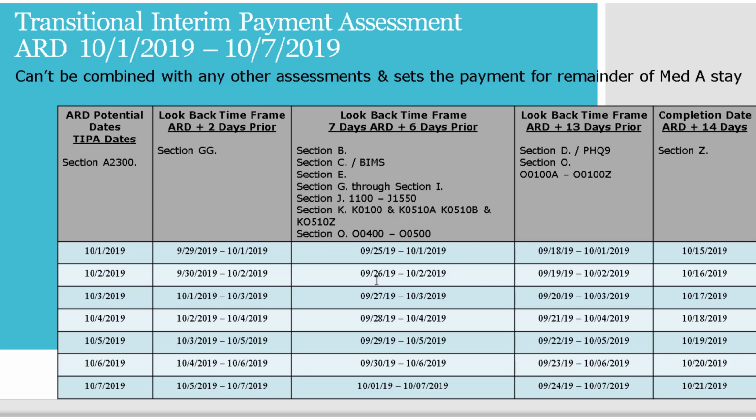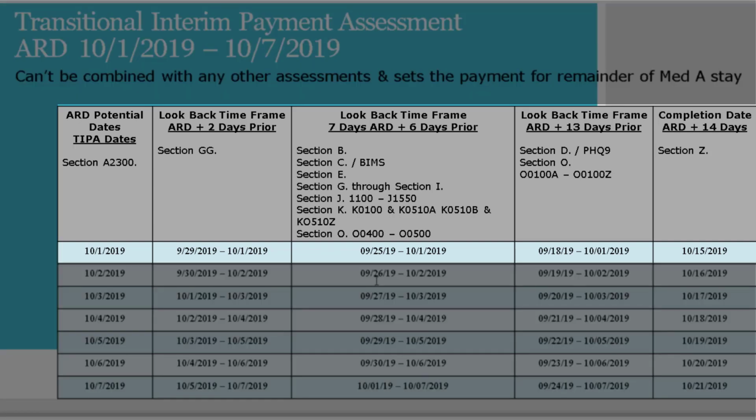The ARD dates of 10/1, if any of you have selected those, you're already in your look-back time frame. You can see in the next column for Section GG, 9/29/19 through 10/1/19 will be the time frame for which you're gathering information for Section GG.